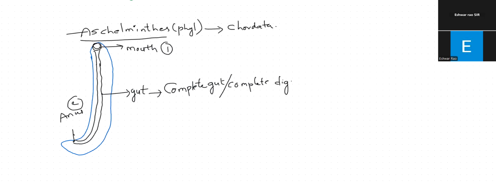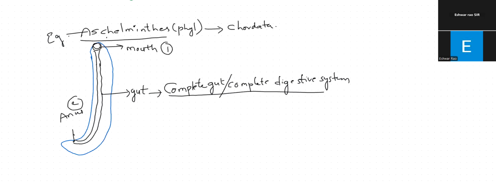Clear, friends? That's about complete and incomplete digestive system. Examples of complete digestive system: phylum Aschelminthes to Chordata, that is Aschelminthes, Annelida, Arthropoda, Mollusca, Echinodermata, Hemichordata, Chordata, right?